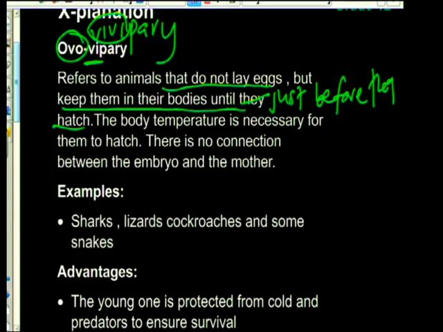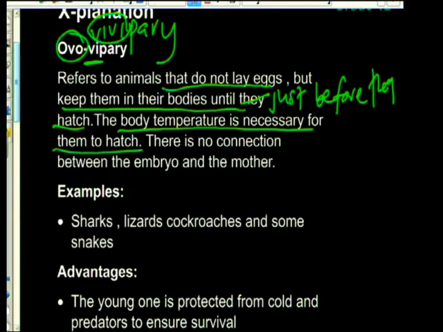That doesn't happen. Snakes, lizards, etc., keep the egg inside the body until it's time to hatch. They lay the eggs, and as the eggs are laid, they hatch. So just before they hatch, they are laid, because the body temperature is necessary for them to develop and hatch later. But there is no connection between the embryo and the mother.